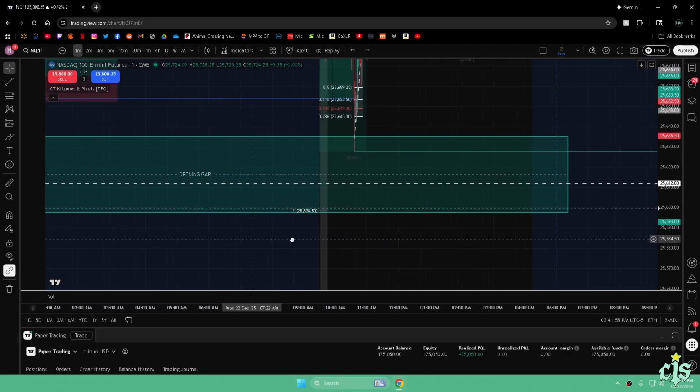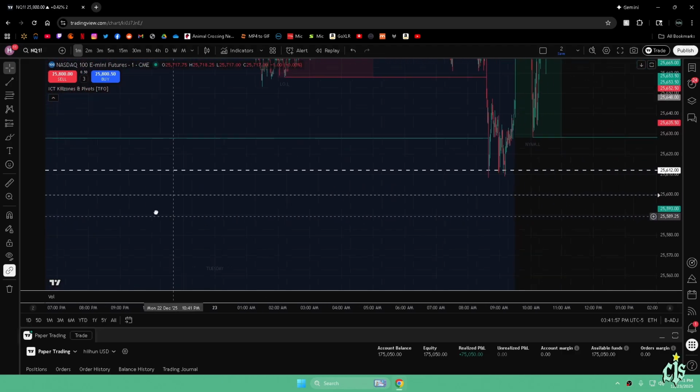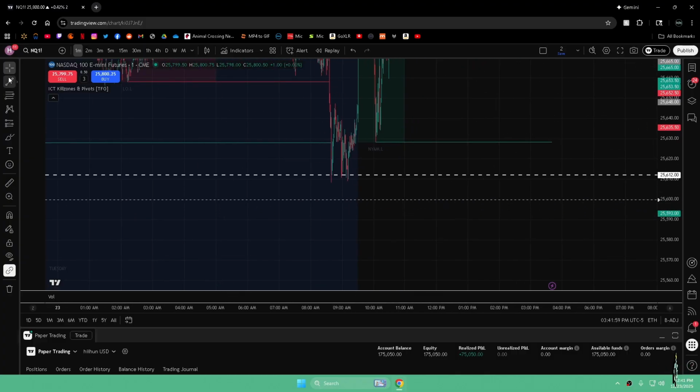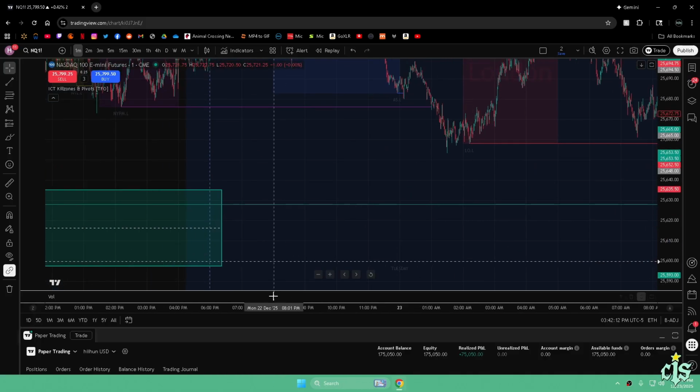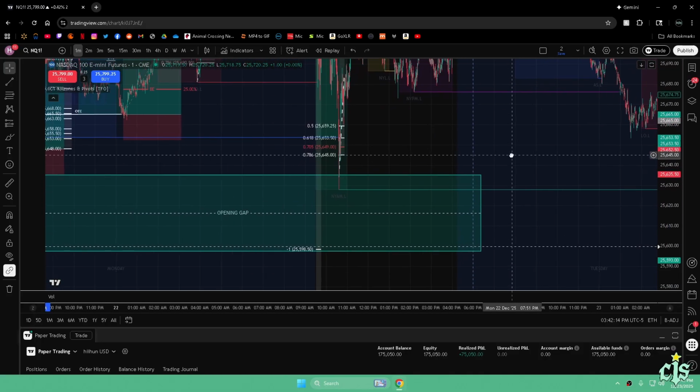So we drag that across, and this would be our OTE range. Okay, that's our first range we make.